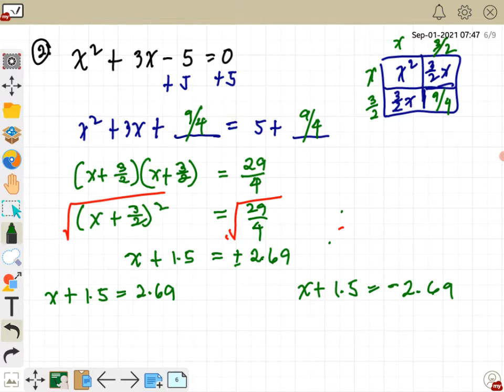So we have here, subtract both sides by 1.5, so x becomes 1.19. So this is our first solution. And here we subtract 1.5, so x becomes negative 4.19.